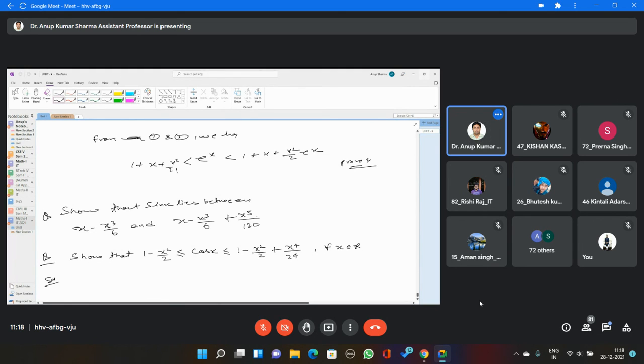You see this is the fifth power, including the remainder term. Here it is written 0 to x, so x greater than 0, and only one case is enough.